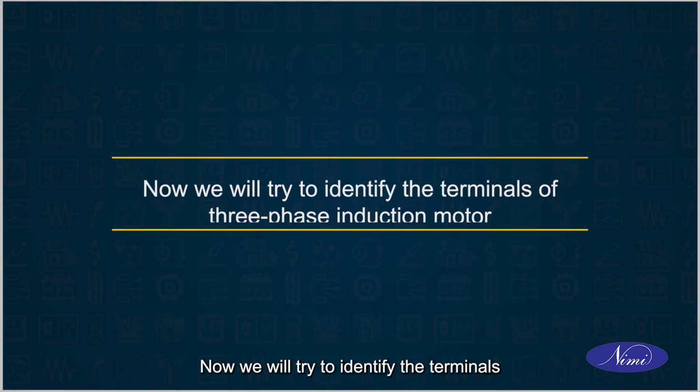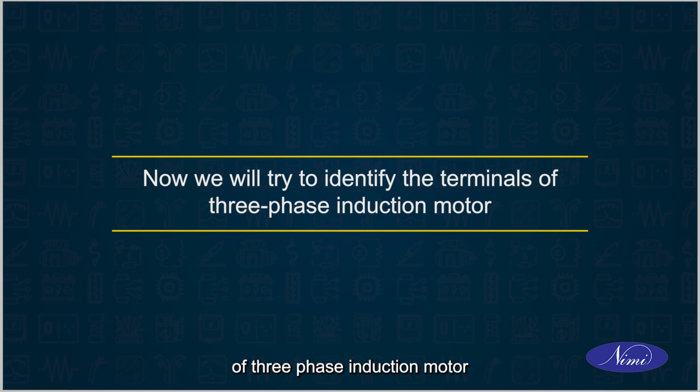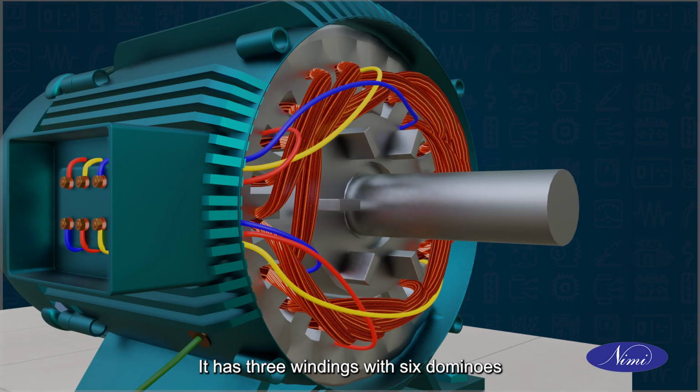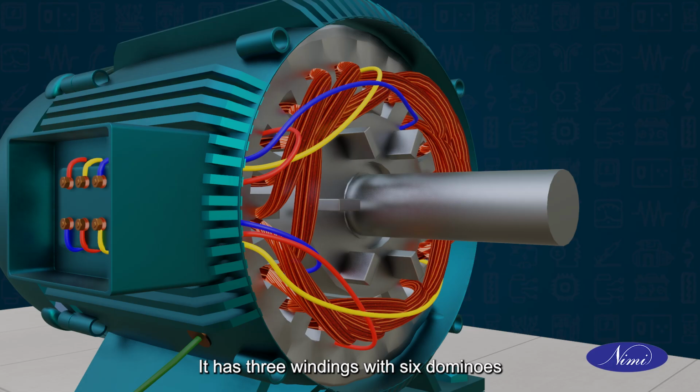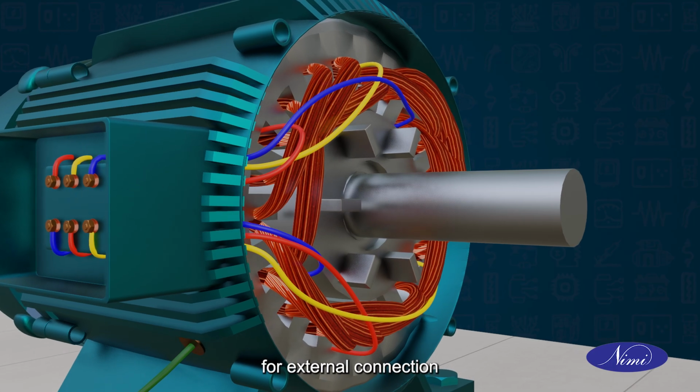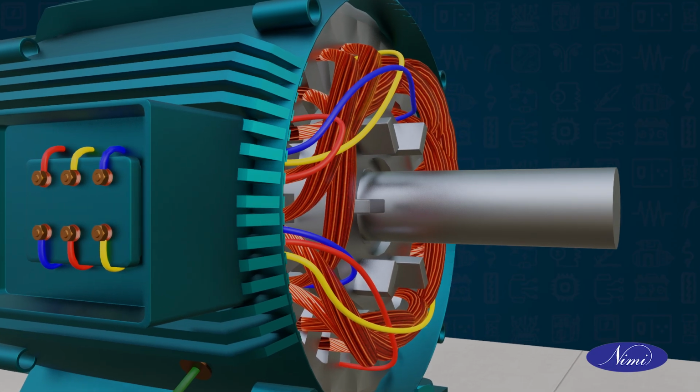Now, we will try to identify the terminals of three-phase induction motor. It has 3 windings with 6 terminals which are brought outside for external connection.